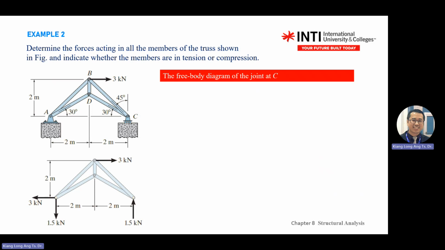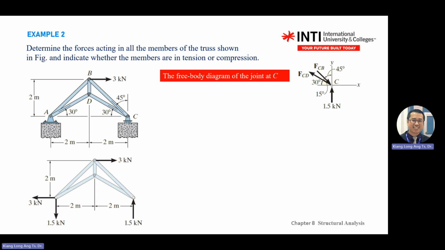This is the approach. We start with pin C. I will straight away give you the answer. Remember to give the axes X and Y, and then copy the shape. You have 1.5 kilonewton, or if you don't know, write CY.